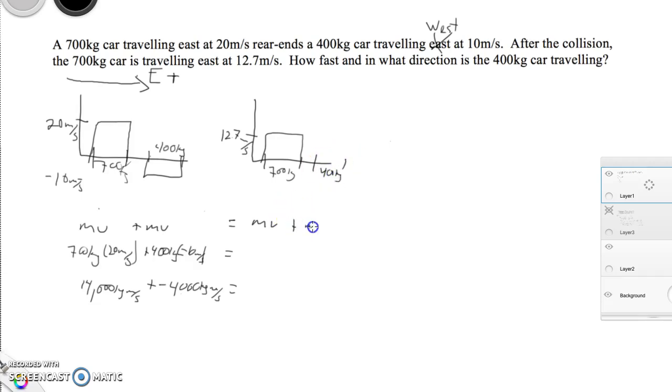So mv plus mv. This one has a mass of 400. The first car has a momentum of about 8,890 kilogram meters per second. We can now solve for v, so we combine these: 14,000 and negative 4,000 gives us 10,000.